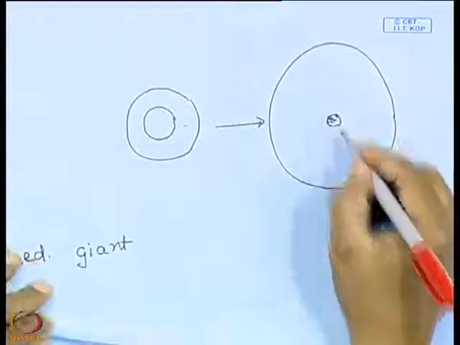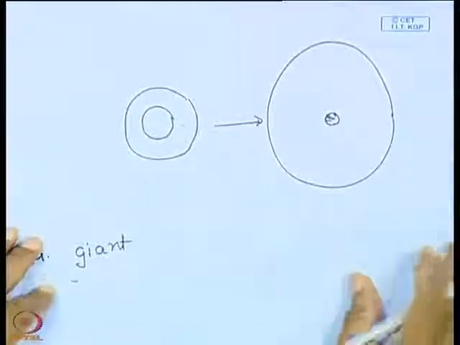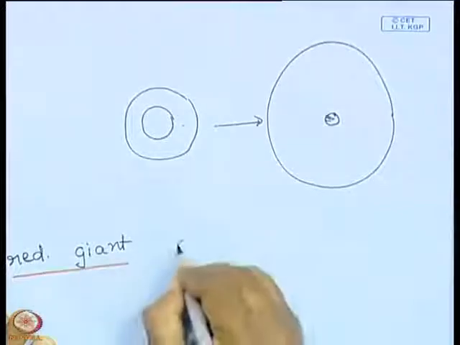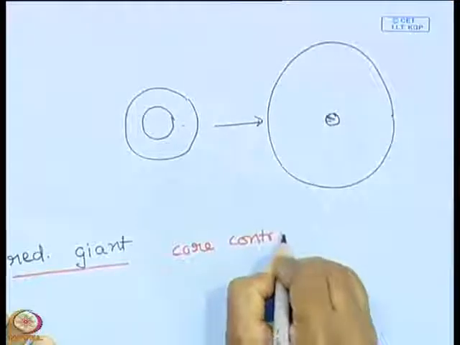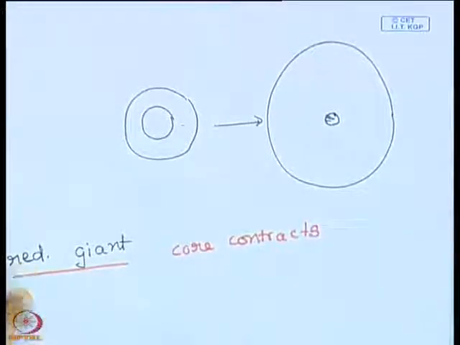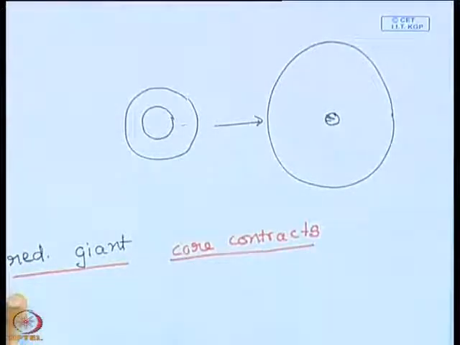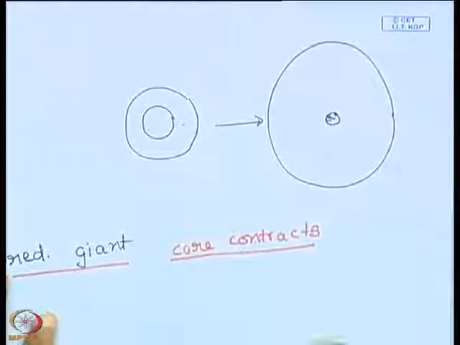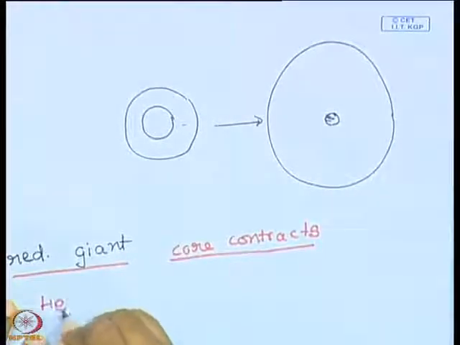Now the core keeps on contracting. Inside the red giant, the core contracts, and as the helium core contracts, the temperature and density go up, and finally the temperature and density are adequately high that nuclear burning starts again.